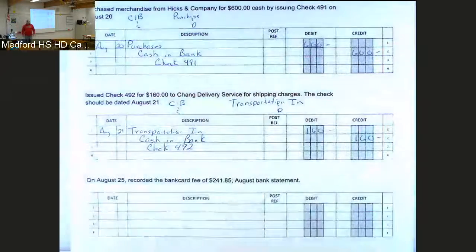There it is. Bank card fee. One of the things that you may not realize is when a customer uses a credit card, the business is charged a fee.